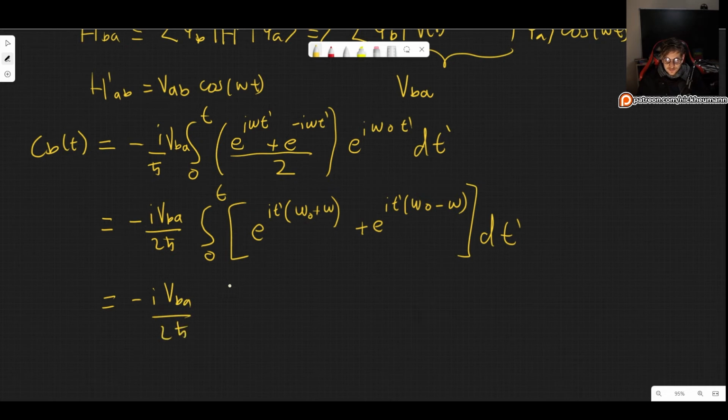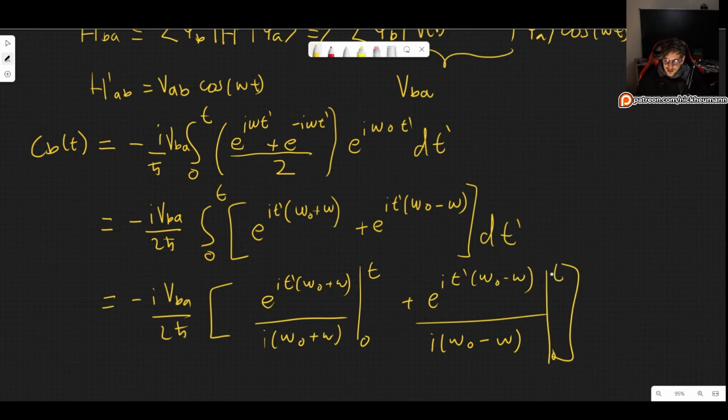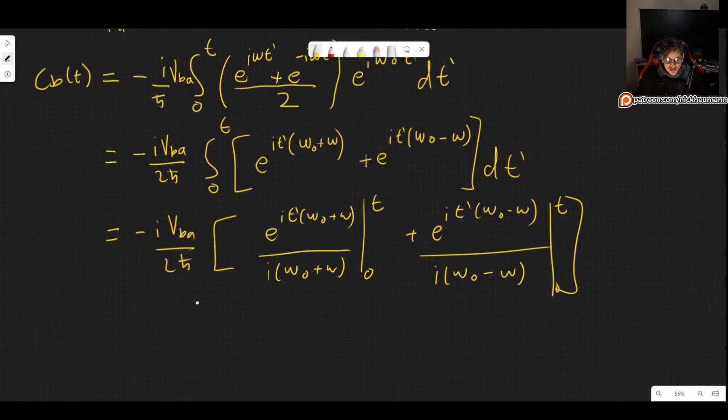So this is e to the i t prime times omega 0 plus omega, and then we have to divide by i times omega 0 plus omega, and we evaluate between 0 and t. And the same thing goes for this other one: e to the i t prime times omega 0 minus omega, divided by i times omega 0 minus omega, evaluated between 0 and t. So with this, we have minus i VBA over 2 h bar.